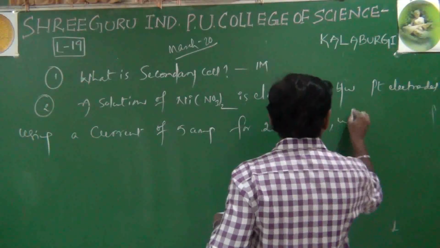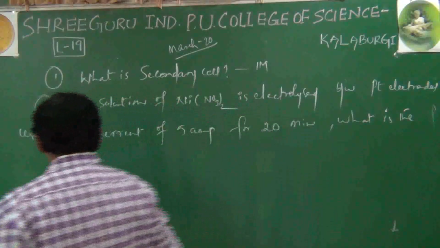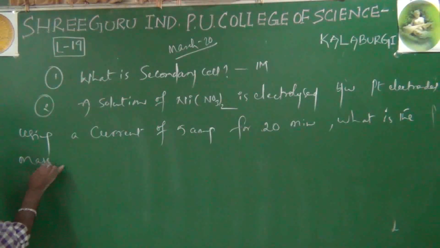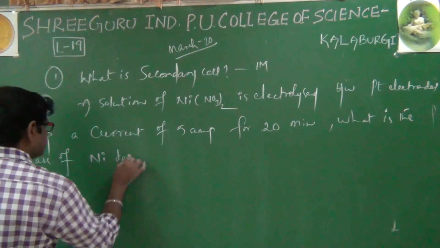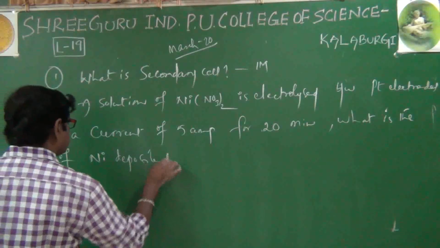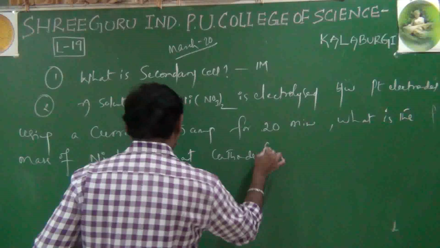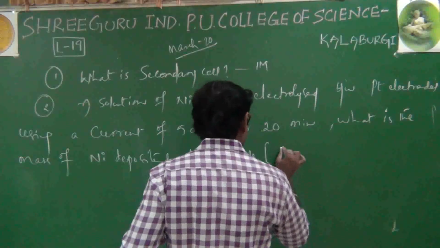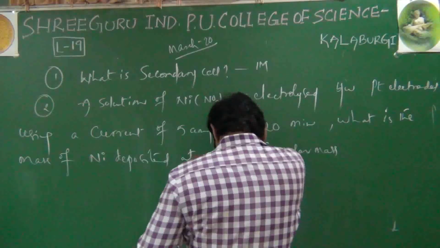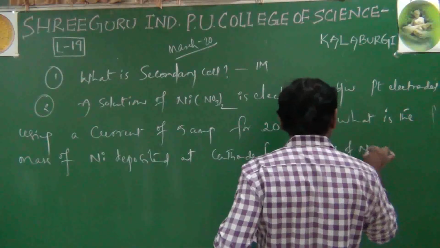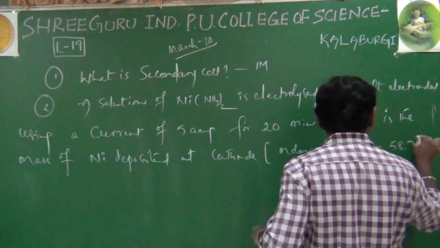What is the mass of nickel deposited at cathode? In the brackets, the molar mass of nickel is given as 58.7. This is the question.